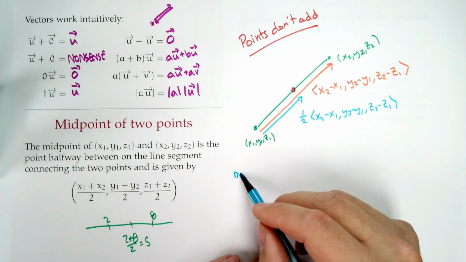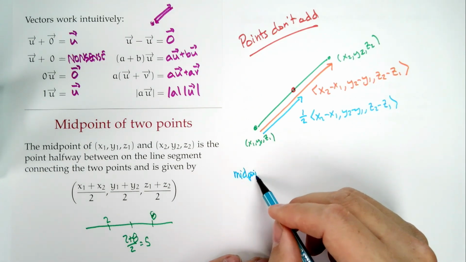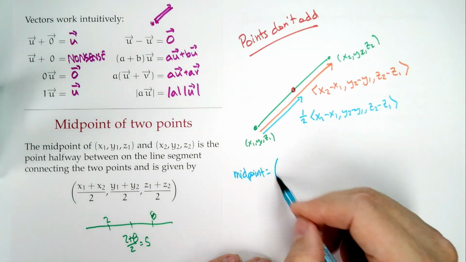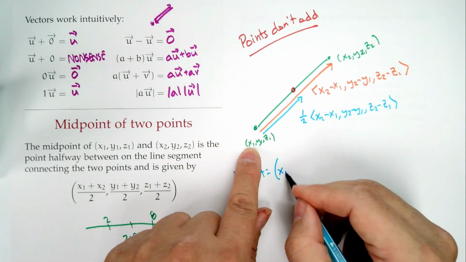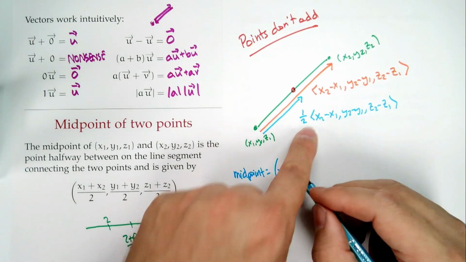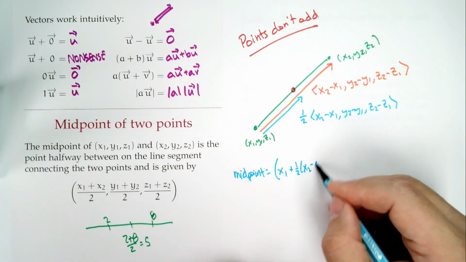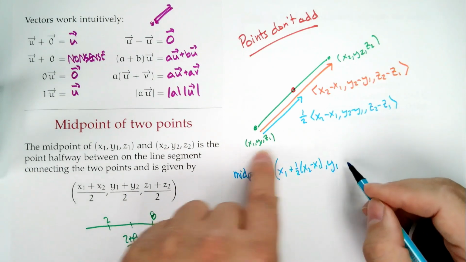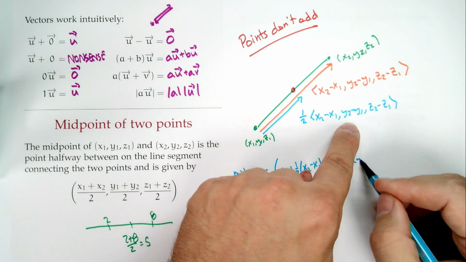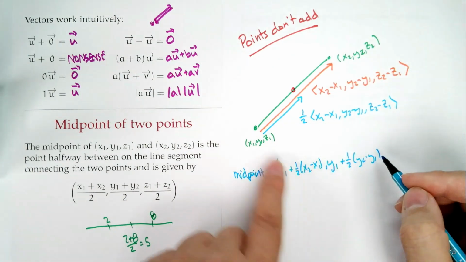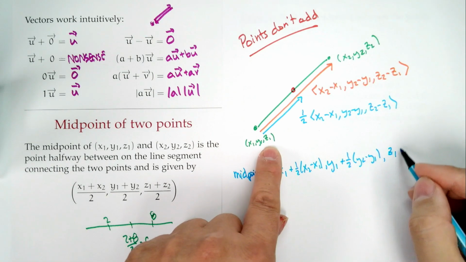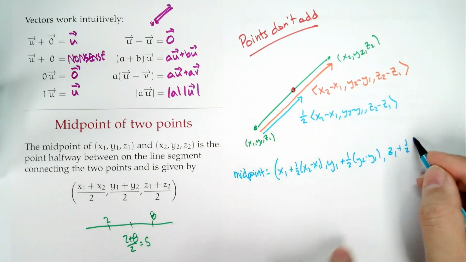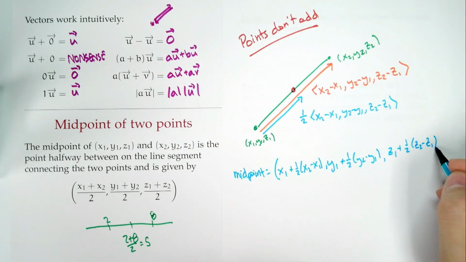My midpoint is going to be my start plus my change, 1/2 x2 minus x1. And that's in the x direction. My start plus my change. And finally in the z direction, my start plus my change. All right, so that's the midpoint.